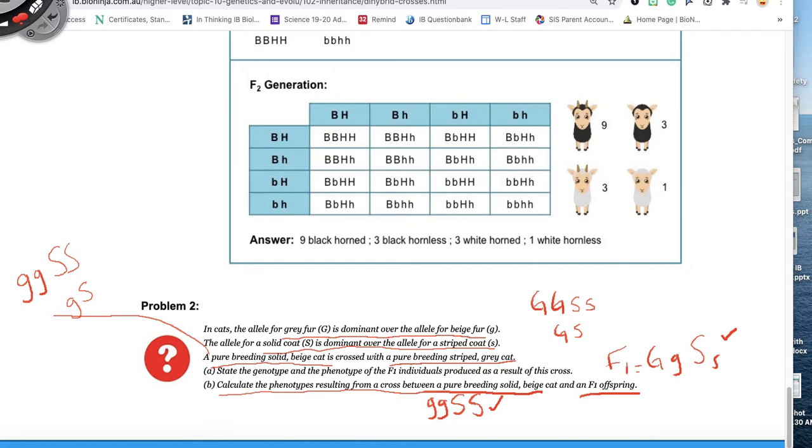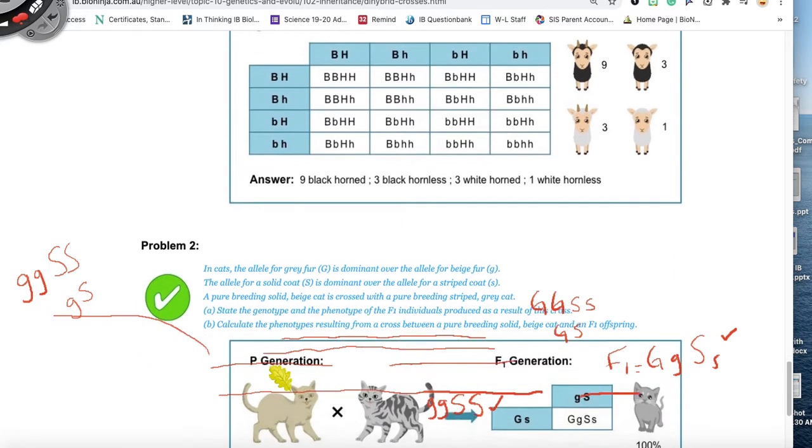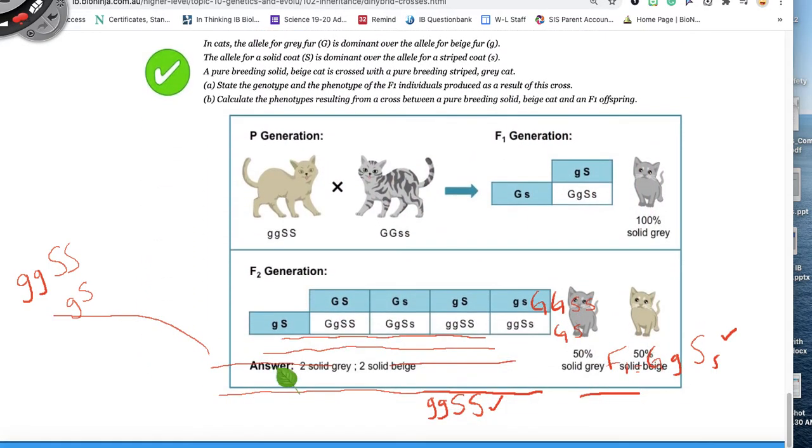So when you expand here and you look at your answers, this is kind of what I had. So you know that the F1 generation is going to be big G, little g, big S, little s.